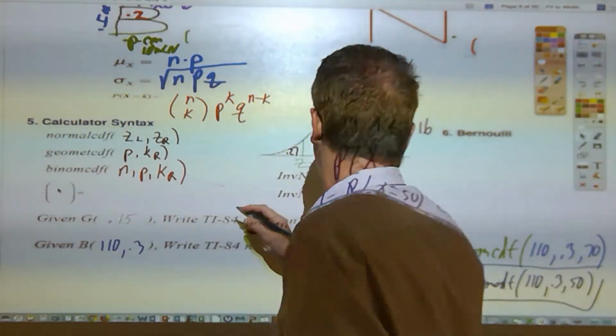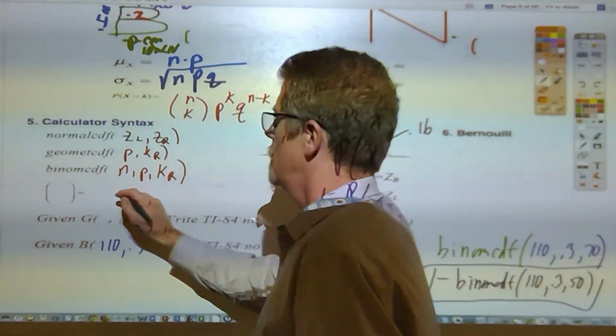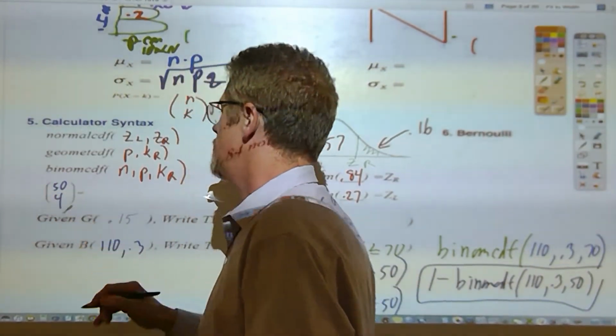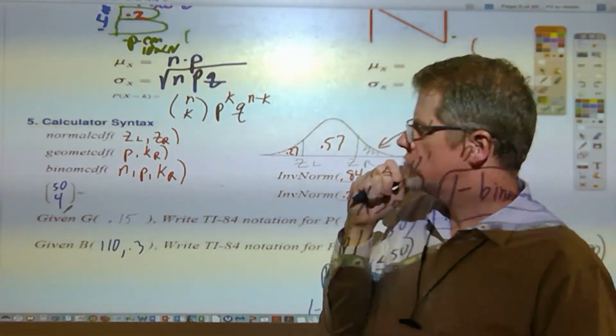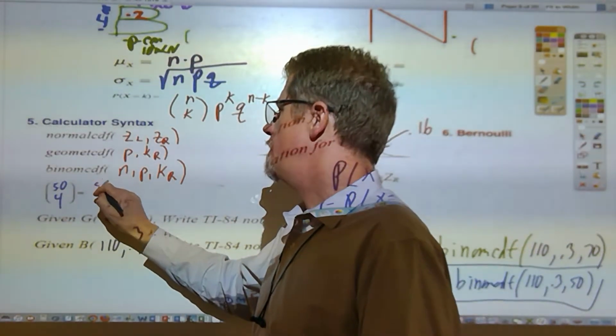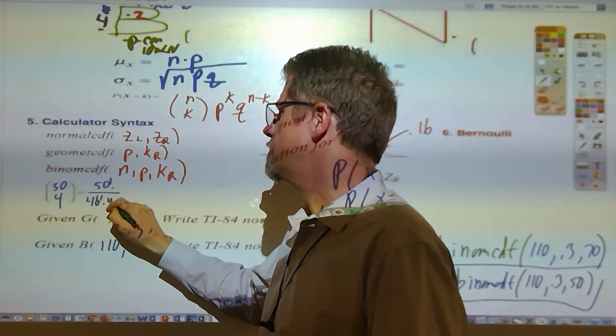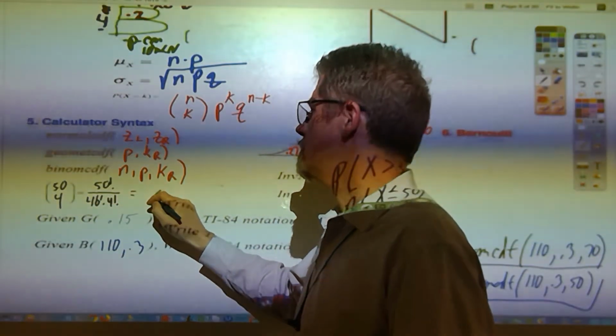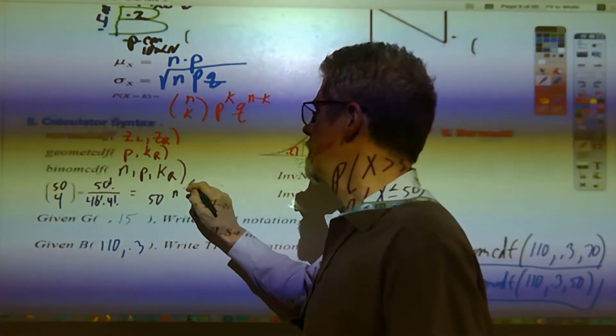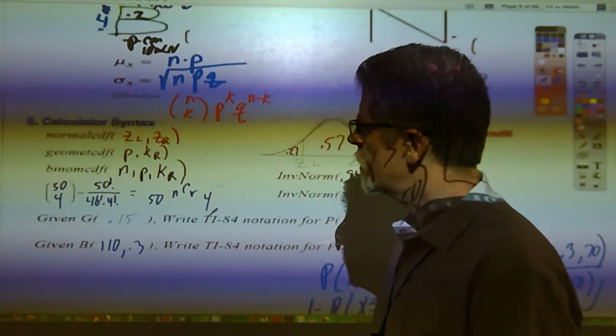Okay, so if this were a word picture quiz, 50 and 4, then I would expect you to write 50 factorial over 46 factorial, 4 factorial equals 50 NCR 4.